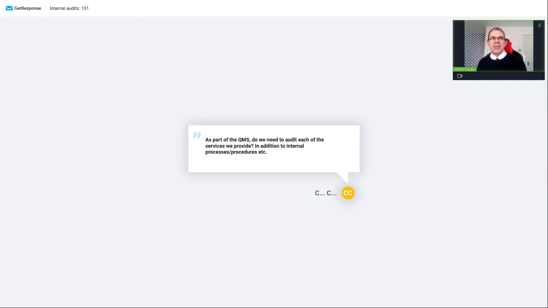When you think of a service that you provide, that is generally the outcome, isn't it? Before that happens, if you are providing something to a client, you need to know: have we got an inquiry? Have we got the necessary documents? It is almost like looking at the processes that deliver the actual services rather than the individual services themselves.